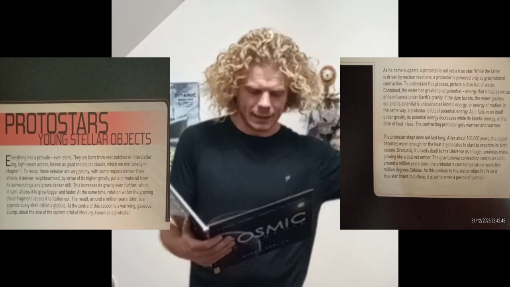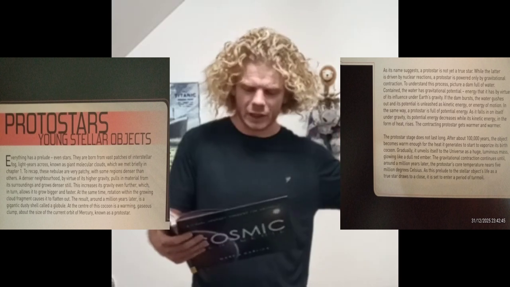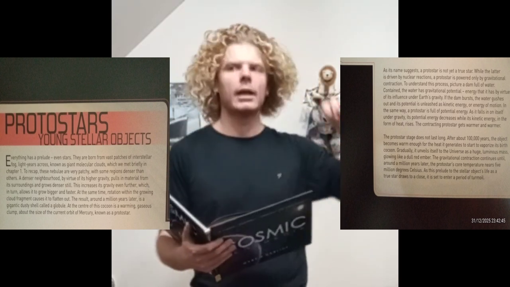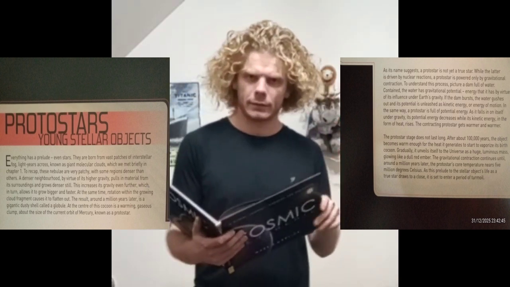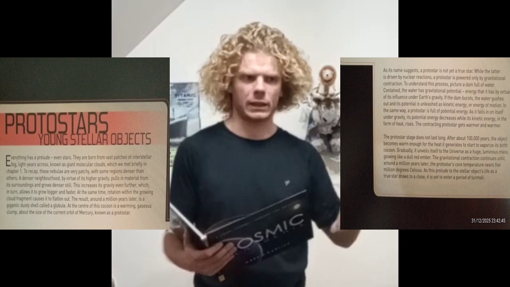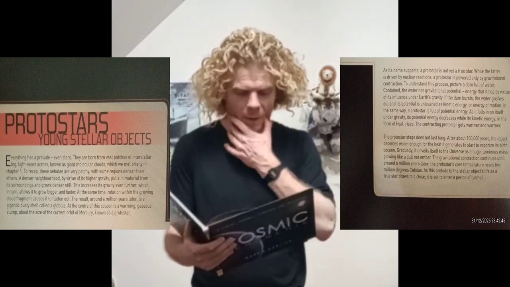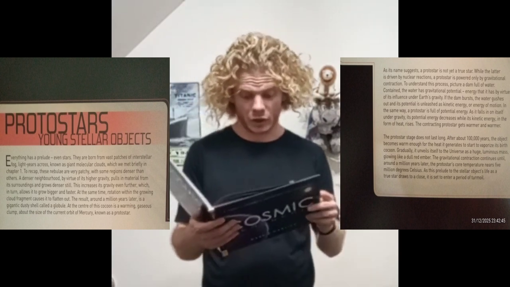Okay, in the middle is a big amount of gas, a gas clump. And that whole thing is as big as the orbit of Mercury, so very big. That is much bigger than the Sun. Mercury goes around the Sun, so it's much bigger than the Sun. As its name suggests, a protostar is not yet a true star.